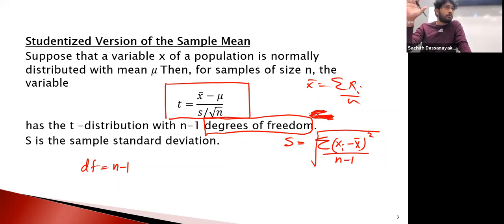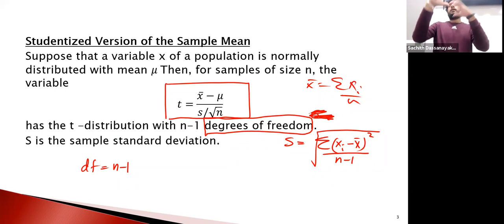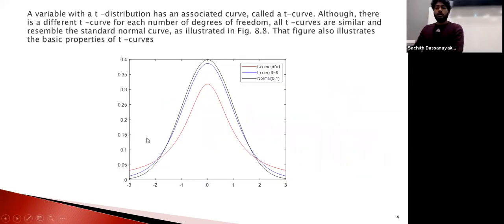Clear? Don't mix this T distribution with your Z distribution. Those are two different things, but they have similar properties. Check this one. This is your T distribution. It is symmetric about 0, same as the Z distribution.